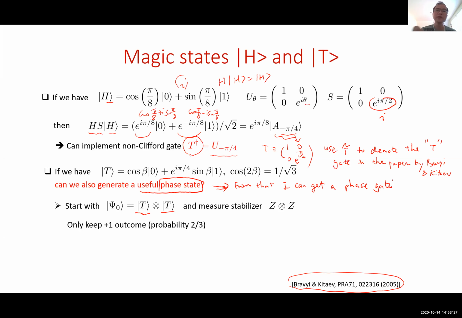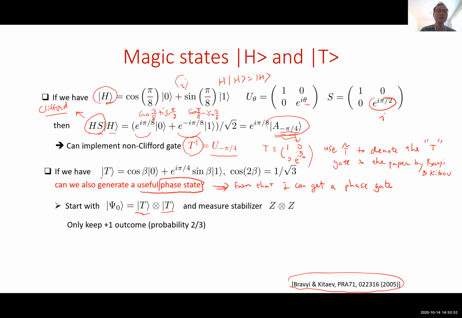Yeah, so the phase state from the so-called magic state H is this, e to the minus pi over 4, through the action of Hadamard and the phase gate. Okay, and these are Clifford, so that's what we can use.